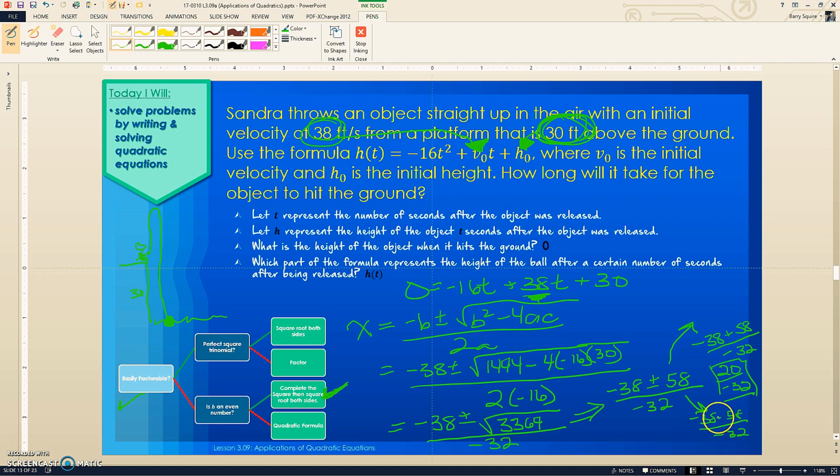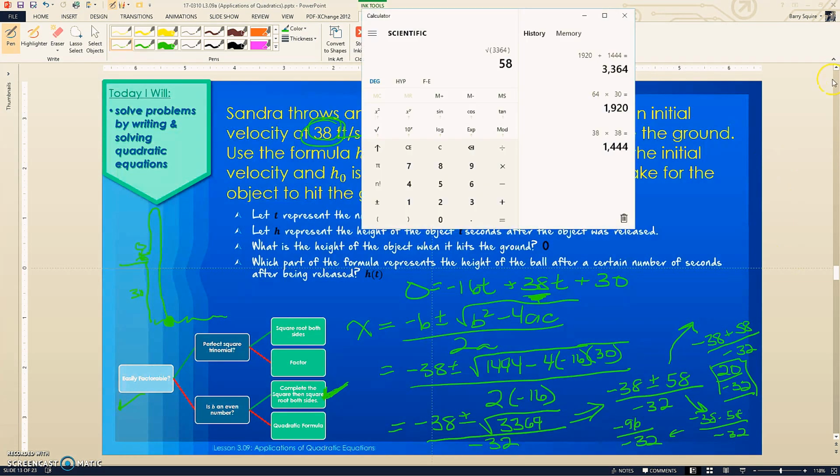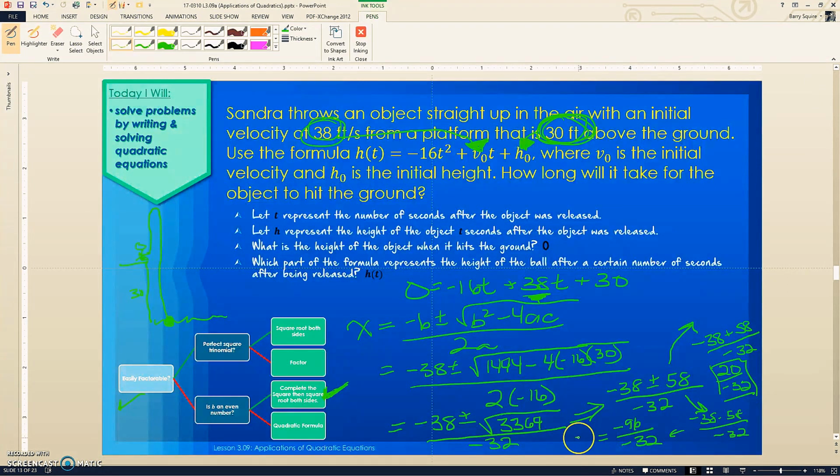Negative 38 minus 58. It's going to be 96. So that's negative 96 over negative 32. Now that's a positive number. 96 divided by 32, that's 3. I know, all these arrows are going to be really hard to follow. I'm really sorry.